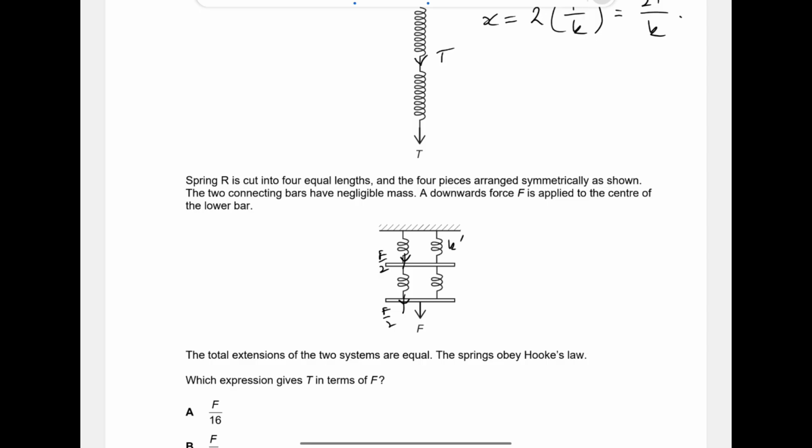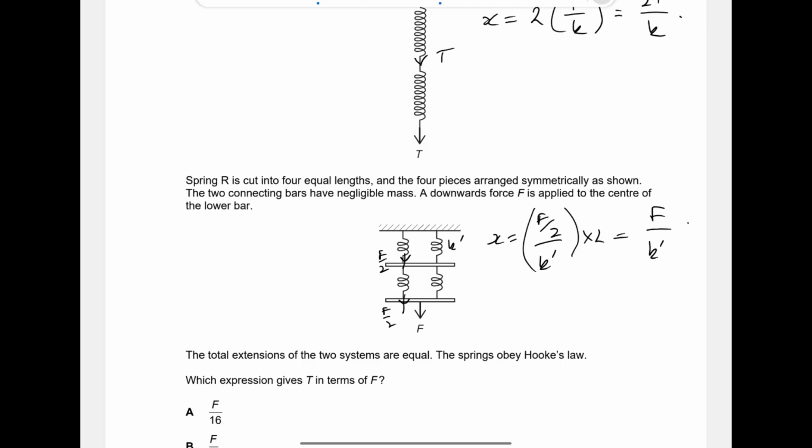If it's applied at the center, then there's that symmetry, so both experience the same force and both extend the same amount. So the extension is going to be X, which equals the extension of the first layer, which is F over 2 over K prime, that's the extension of one of the springs in the first layer, plus the same for the second layer, so that's times 2. So that's going to be F over K prime.